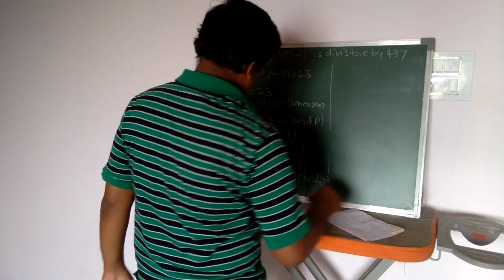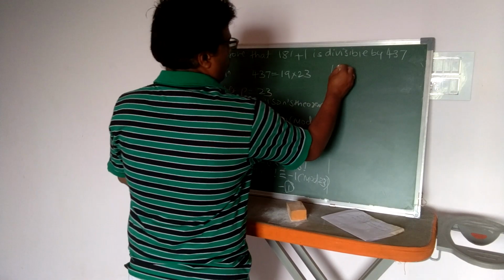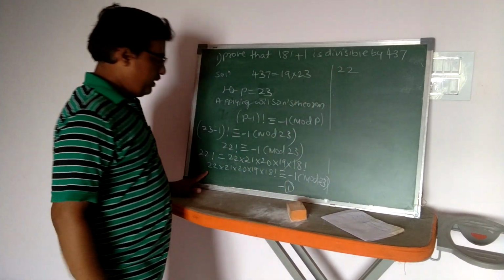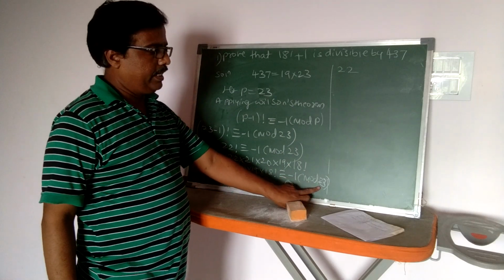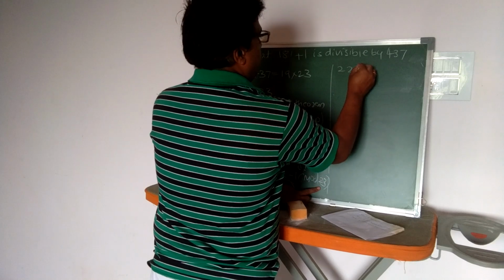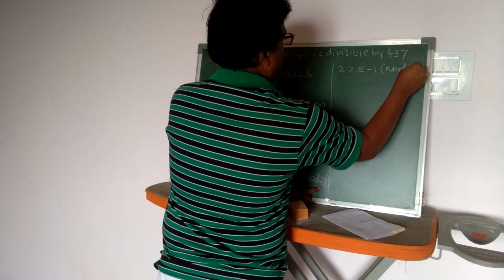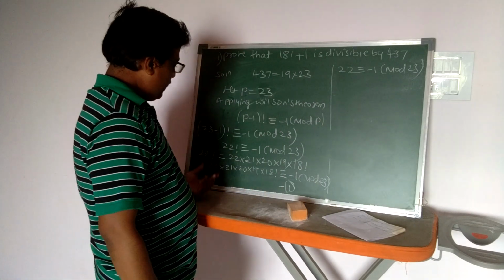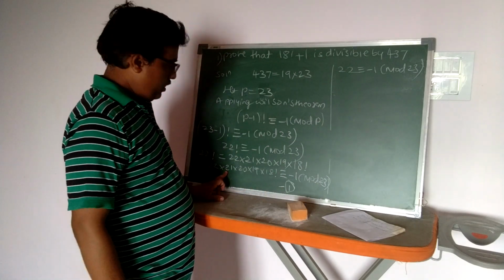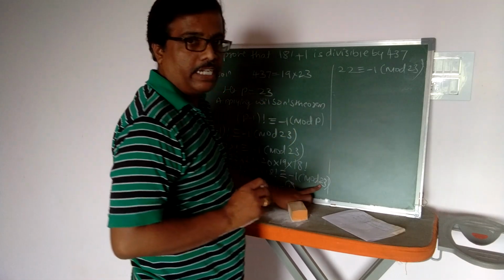Okay, now observe here, take the first number 22. 22 when divided by 23 gives remainder minus 1. So we can write 22 is congruent to minus 1 mod 23. In the same way, take 21. 21 when divided by 23 gives remainder minus 2.